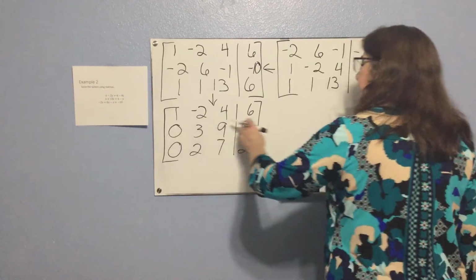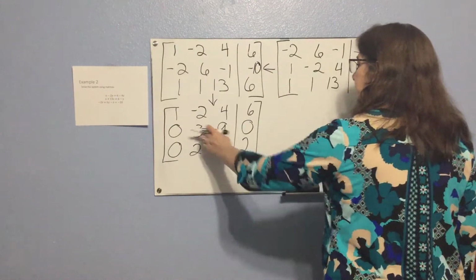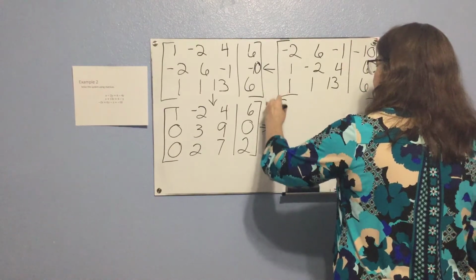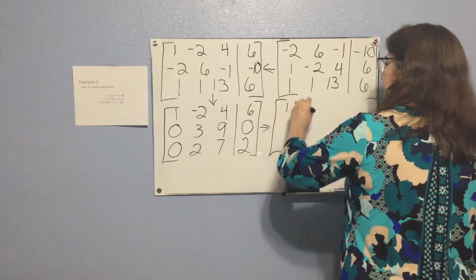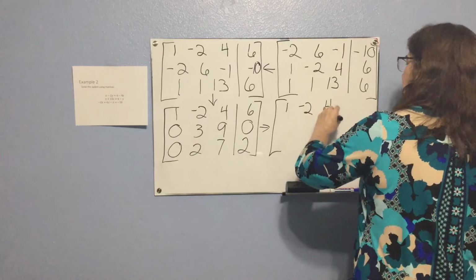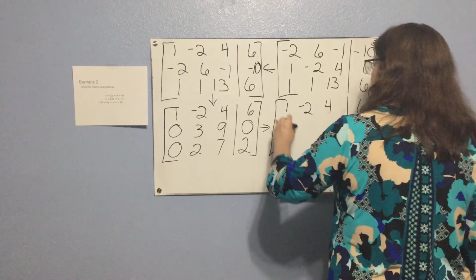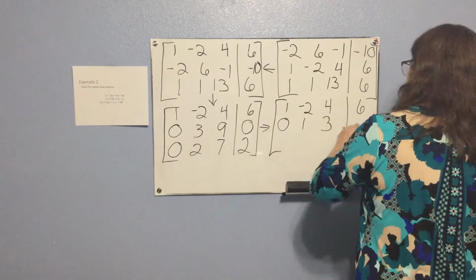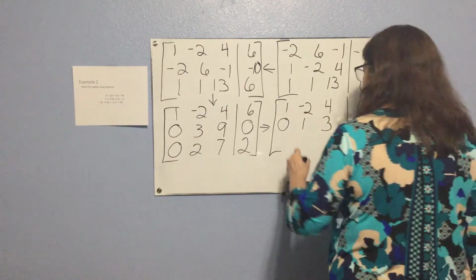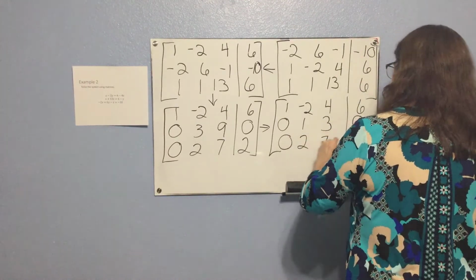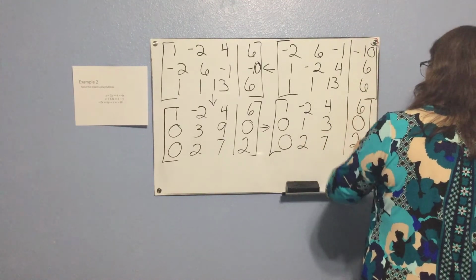Now when I divide this row by 3 to get a 1 here, it comes out very nicely. 1, -2, 4, and 6, 0, 1, 3, and 0, and 0, 2, 7, and 2.